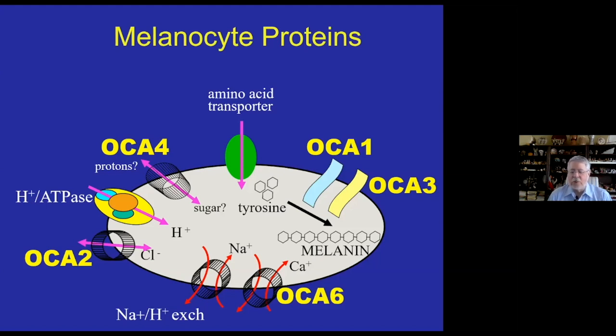So it's important to note that there's only really one enzyme involved in making melanin, and that is encoded by OCA1, which encodes the enzyme tyrosinase. And all the other proteins that are involved in making melanin actually help to set the stage for that process.